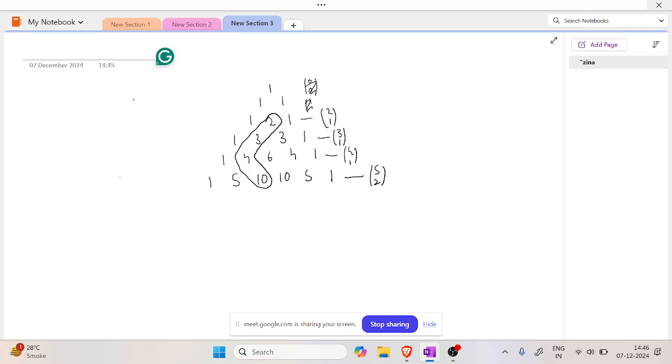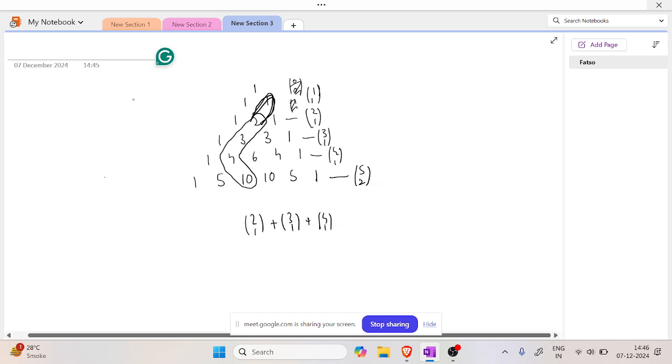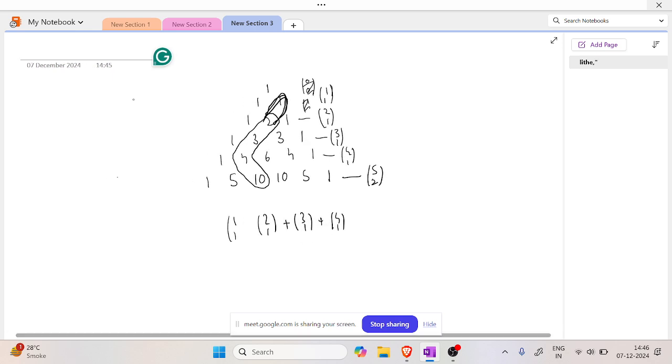So what our identity says is that 1C1 plus 2C1 plus 3C1 plus 4C1 is 5C2, which is true because 1 plus 2 plus 3 plus 4 equals 10.